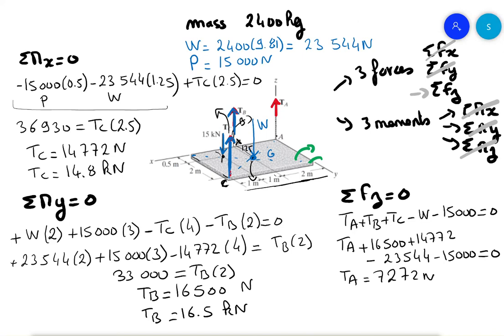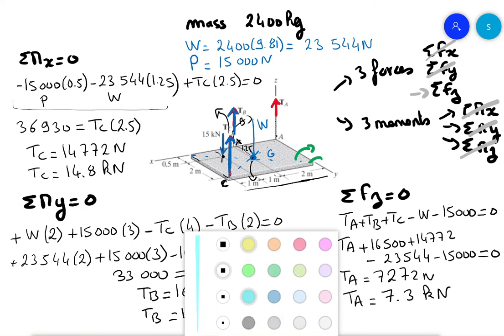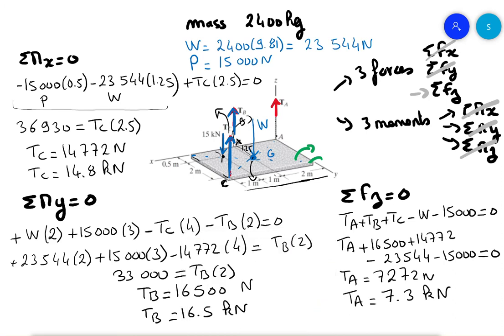And that gives us TA equals 7.3 kilonewton. And that's it. Let me highlight the three answers: TC, TB, and TA.